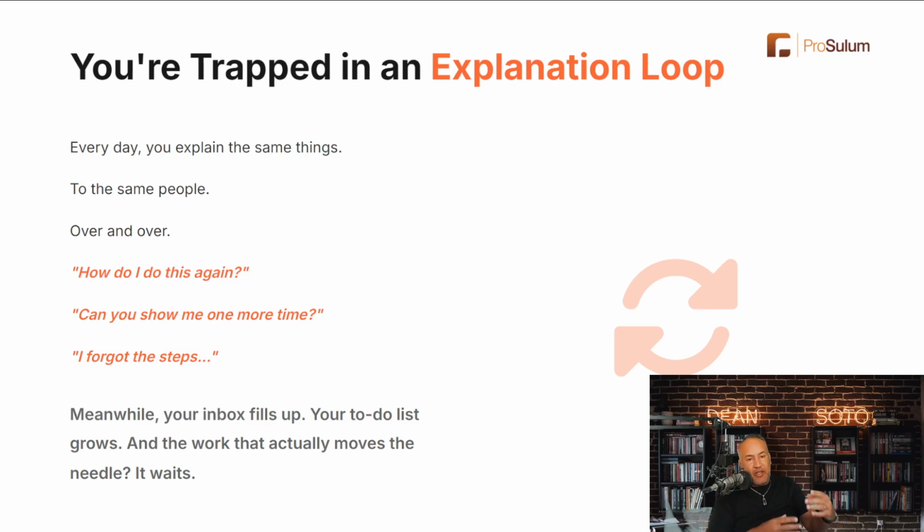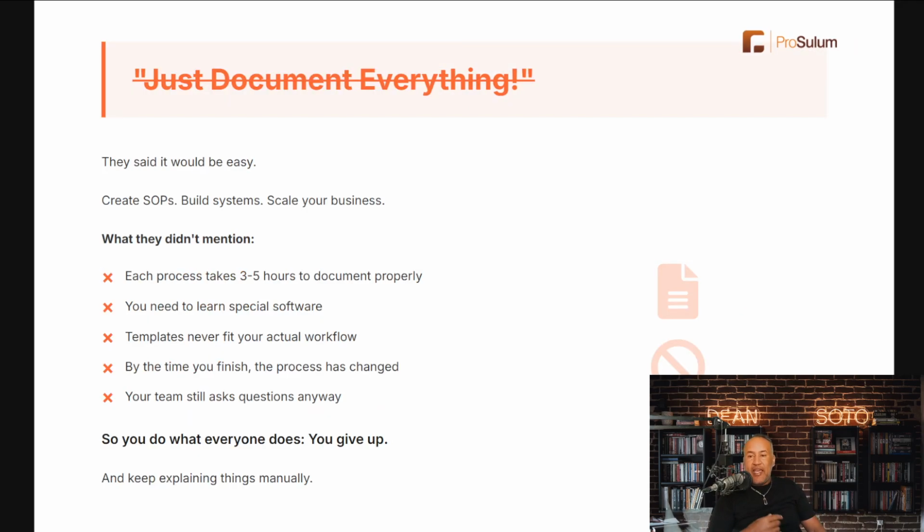Can you show me one more time? Oh, I forgot the steps, or there's an error. You start getting your inbox filled up, or your Microsoft Teams, or questions from Slack, and so on and so forth. And the problem is you get sucked back into having to teach, having to train, and you can't build off of that.